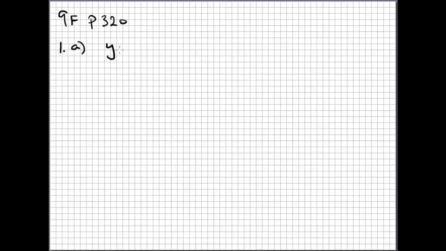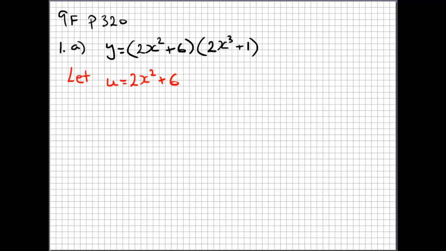When we have y equals 2x squared plus 6 times 2x cubed plus 1, we can solve this by letting u equal 2x squared plus 6 and also v equals 2x cubed plus 1.